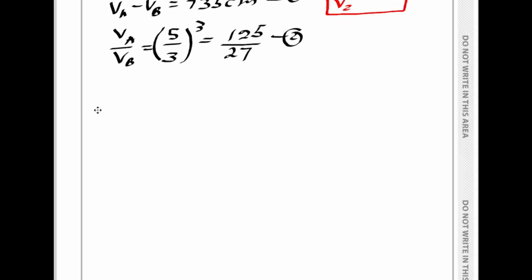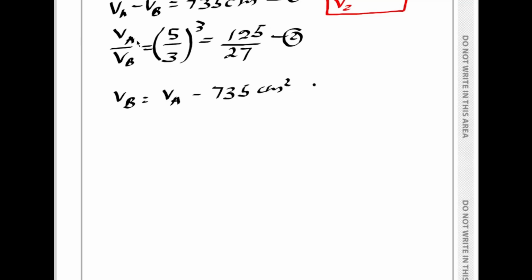From equation 1, I can get volume B equals volume A minus 735 cubic centimeters.